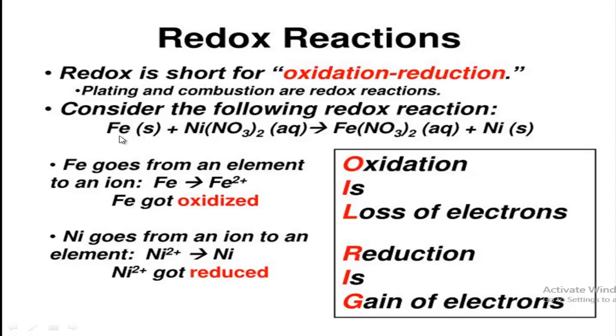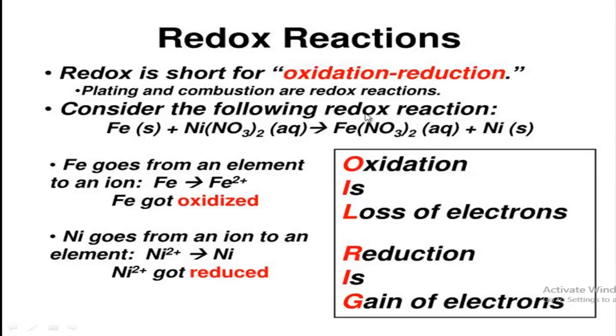At first, we have to observe what type of change of oxidation number happens in a reaction. Follow here. Before the reaction, on the reactant side, the oxidation number of iron is 0, the oxidation number of nickel is +2 and nitrate is -1.